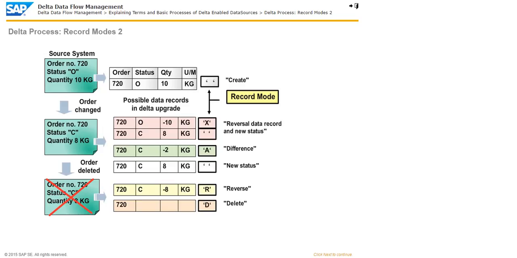The difference between the various Delta processes is that each supports only a subset of the 7 possible characteristic values. If a data source implements a Delta process that uses several characteristic values, the field ROCANCEL in which the record mode is saved is automatically part of the data source.